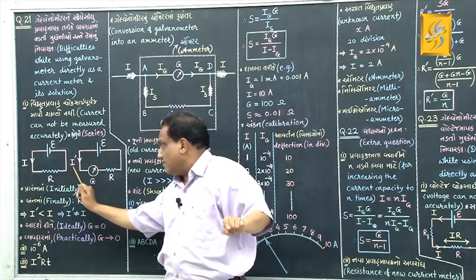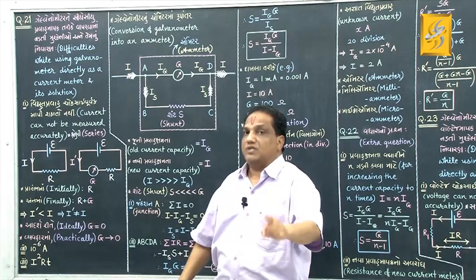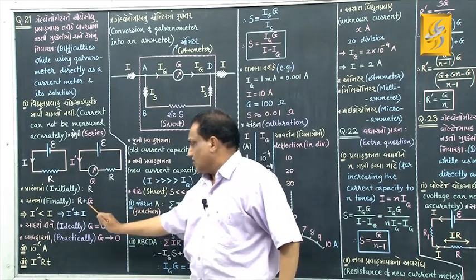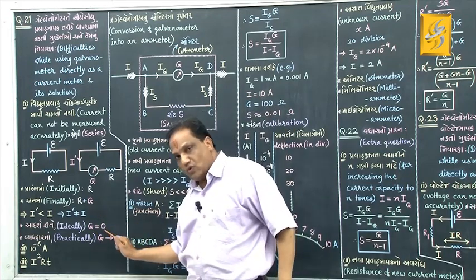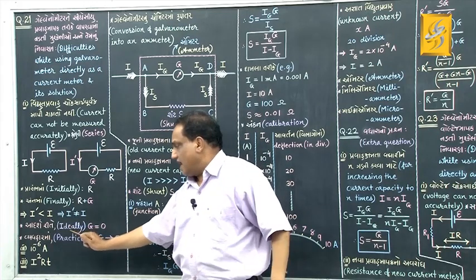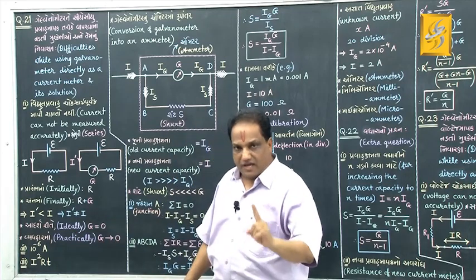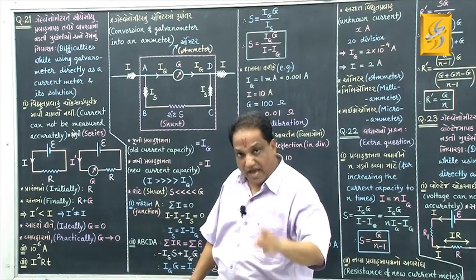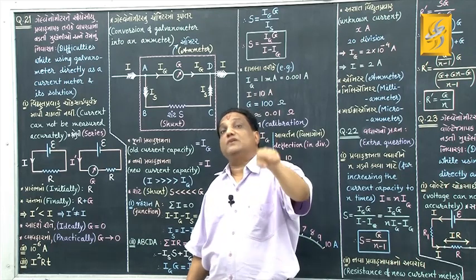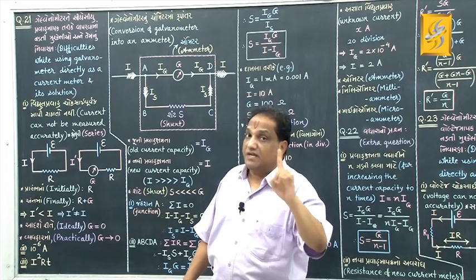In that case, I dash will be equal to I, then measured current will be equal to actual current. Current can be measured 100% accurately, provided you can make the resistance of the current meter 0. But that is not possible in practice. That's why I have written here under ideal conditions. So if any current meter wants to measure current 100% accurately, its resistance should be 0, which is not possible in practice. It is under ideal condition.